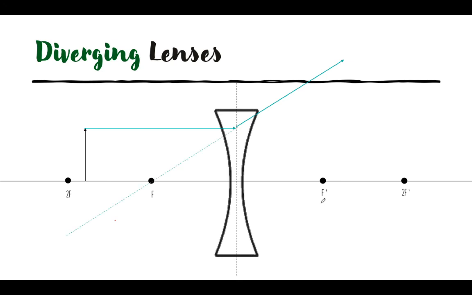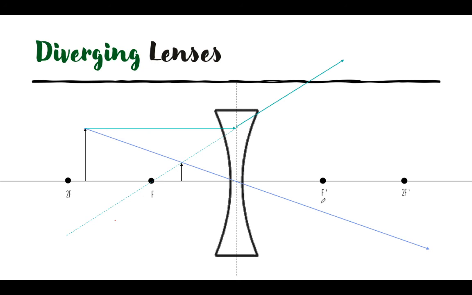Just like I showed you in that last example for converging lenses, if I'm moving my line backwards, behind the lens, I'm going to draw it as a dotted line. My second line stays the same, starting at the top of the object, going towards the optical center. That's still true for a diverging lens. And that is it. Where those two lines meet, that is where my image is going to be formed.